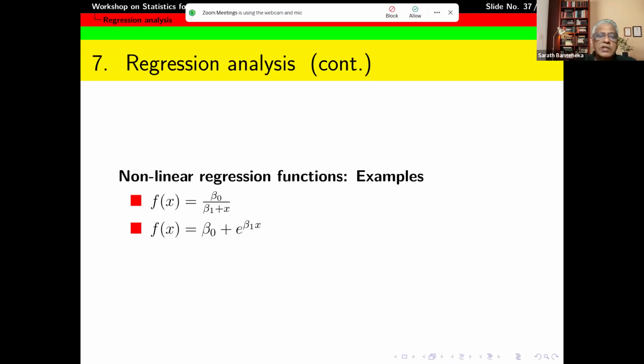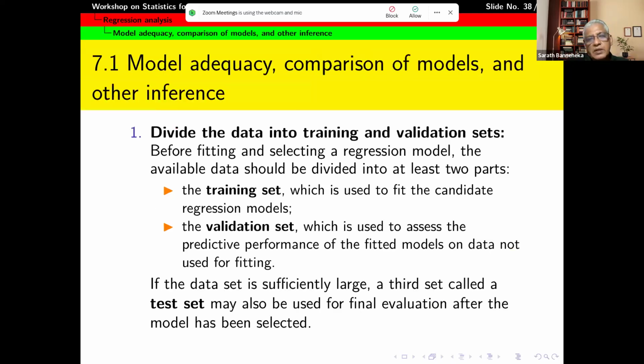Therefore, it is not a linear function. That kind of models are called nonlinear regression models. In regression, what we try to do is model the expected value of y as a function of x. I will come to that a little later when we look at some examples.